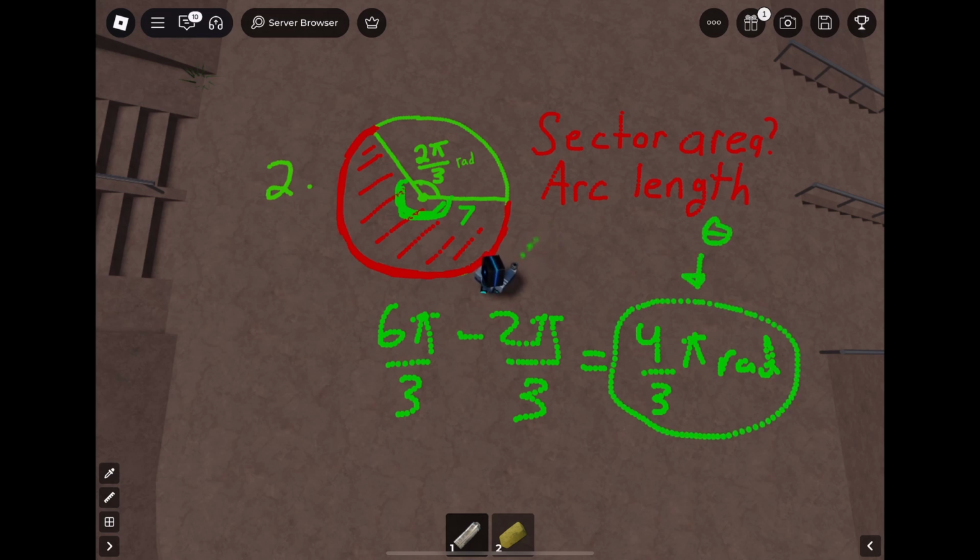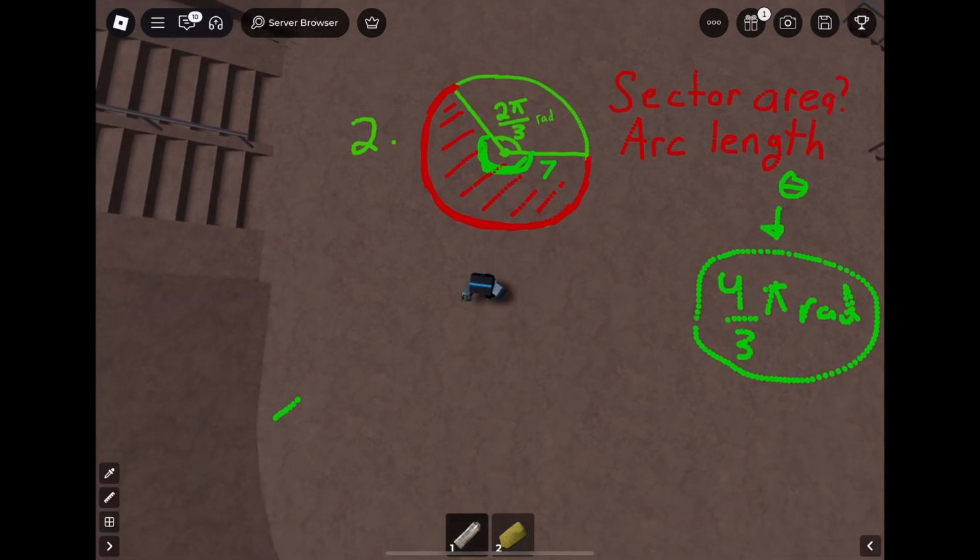And we can use this to now solve for the sector area and the arc length that I've shaded. So let's do that. First, I'm going to find the arc length. And remember, the formula for arc length when dealing with radians is just r times theta.